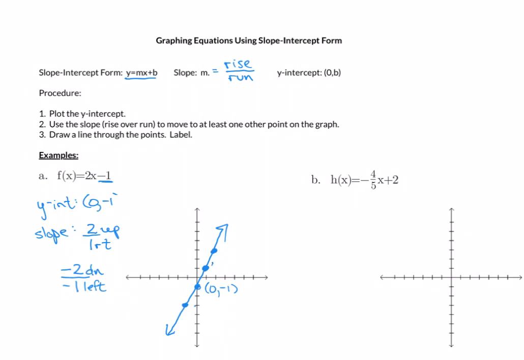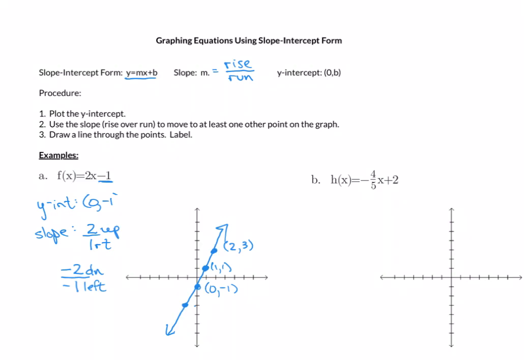So this point here is (1, 1). If we look at the next point over, we go 2 to the right and 3 up. So this is (2, 3). All right, so that is graphed and labeled, and so we are done with that example.